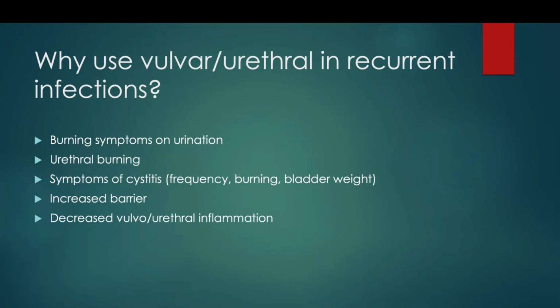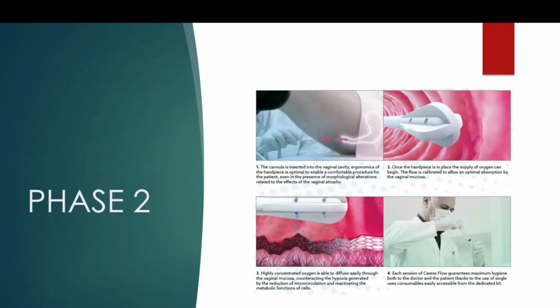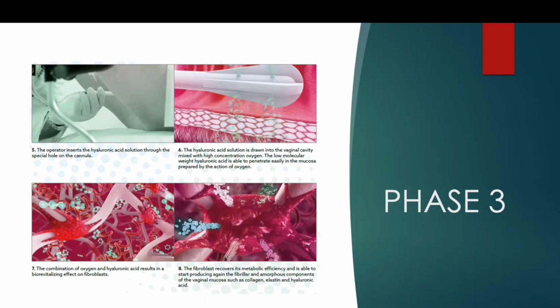The possibility to use external treatment is very important for this type of problem. In the second phase, I use the cannula for the internal vaginal treatment. And in the third phase, I use the oxygen and hyaluronic acid solution.